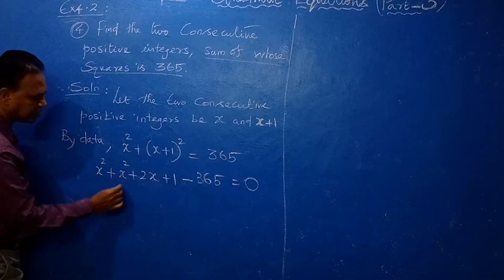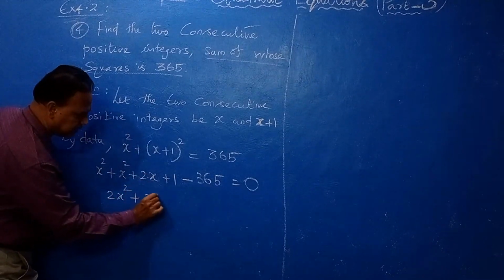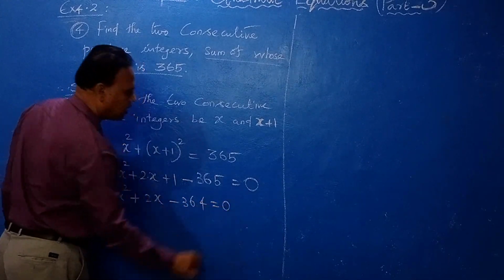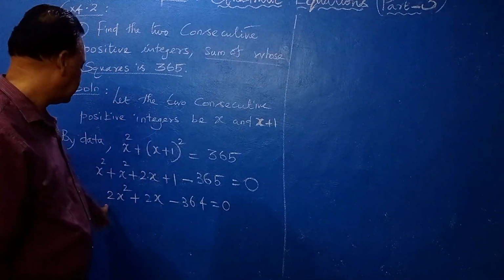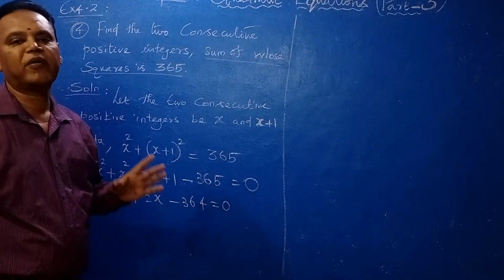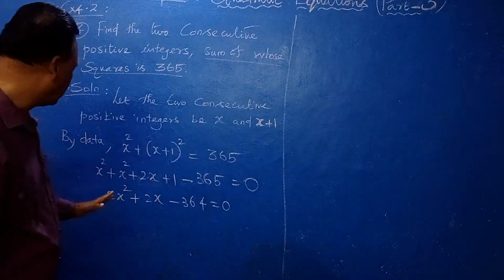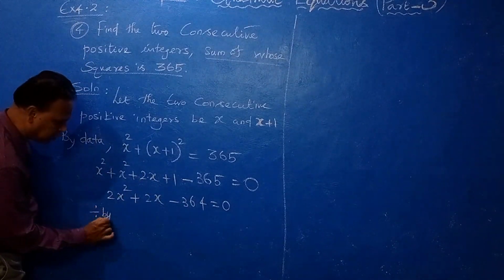Now x squared plus x squared, 2x squared plus 2x minus 364 equal to 0. You see this equation is a quadratic equation, but each and every time you have a common factor. What is the common factor? 2 is the common factor. So you divide throughout by 2, that means divided by 2 on both the sides.